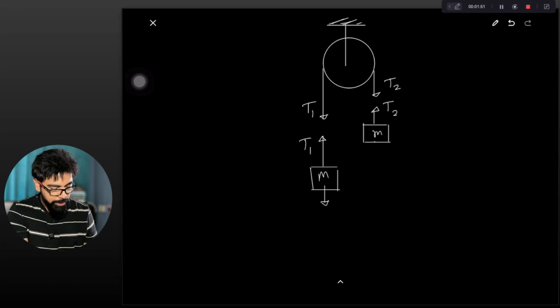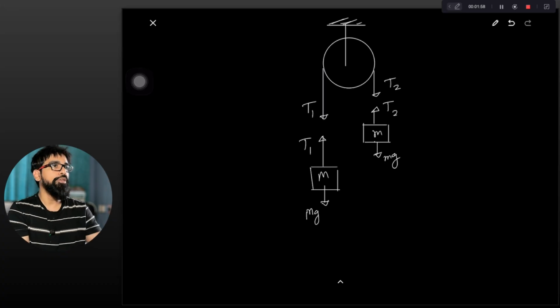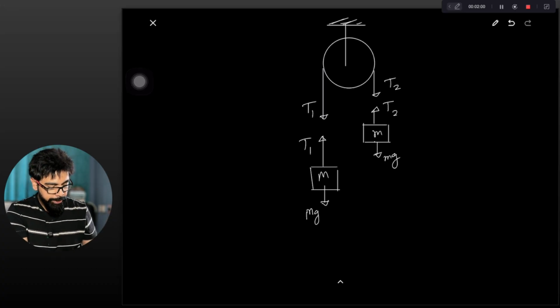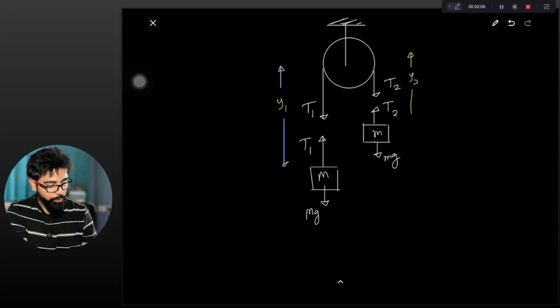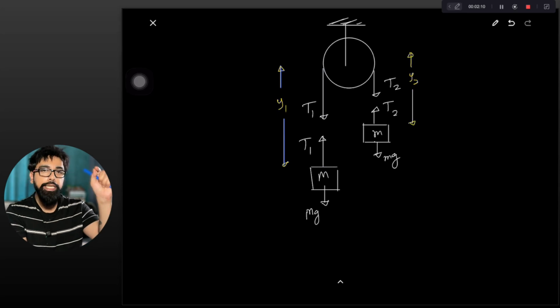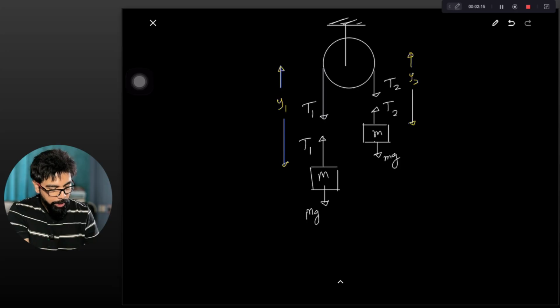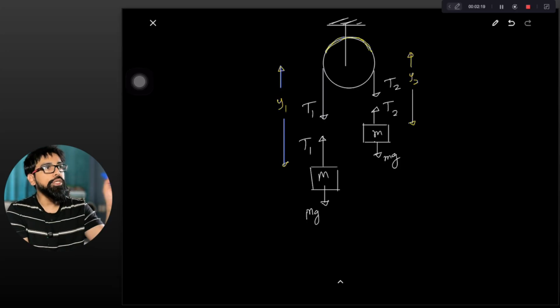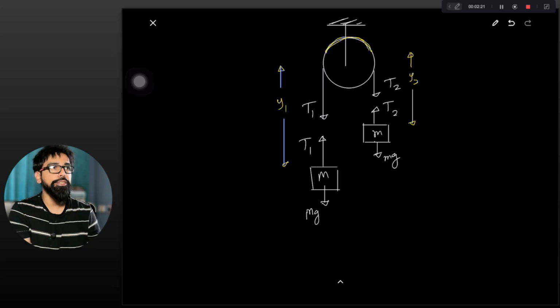So a block of mass capital M will have weight Mg. Block of mass small m will have weight mg. Now if you use the constraint equation here, this length is y1, the length of the string on the left hand side, and the right hand side let us assume the length to be y2. As the string is ideal, the length y1 plus y2 and part of the string which will be obviously attached to the pulley, the total summation will remain constant.